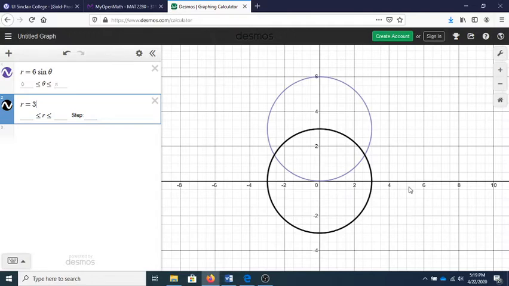Our problem is to find the common interior. So basically, it's this football-shaped area that's under the black curve but above the blue curve. How are we going to find that? Well, the key is going to lie in finding this point, their first intersection, and this point, their second intersection.